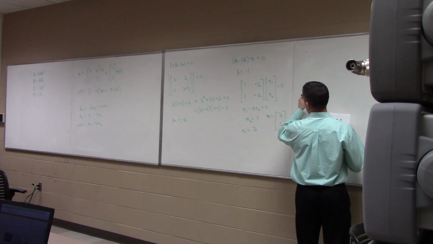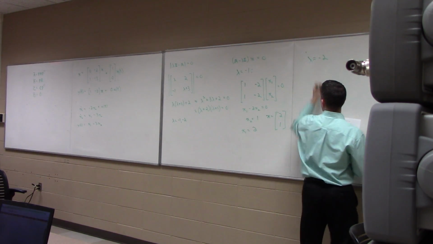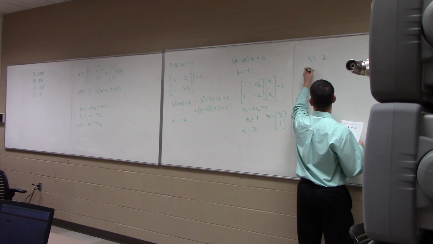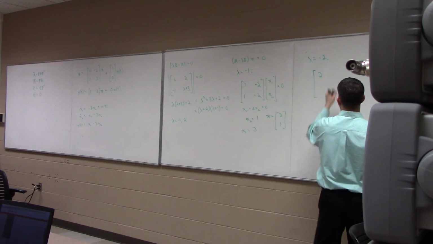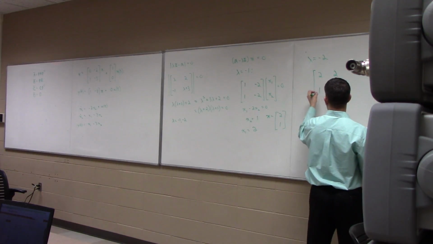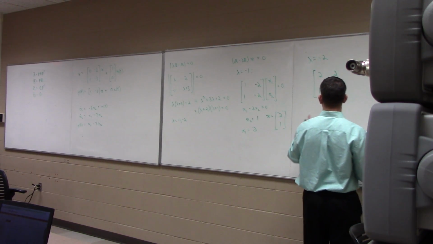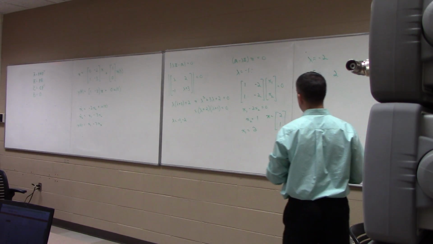Find my second eigenvector, we do the exact same equation. We put a different eigenvalue in there. So I get 0 minus -2. And now I've got -3 minus -2. Is that right?